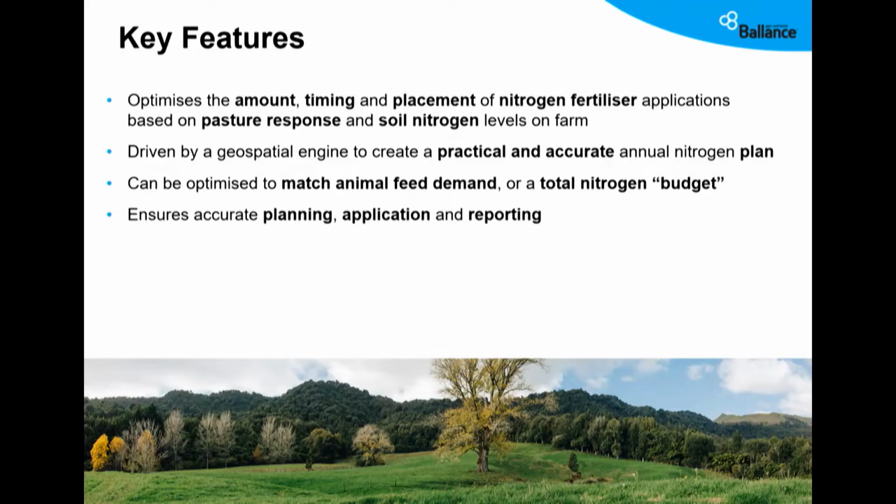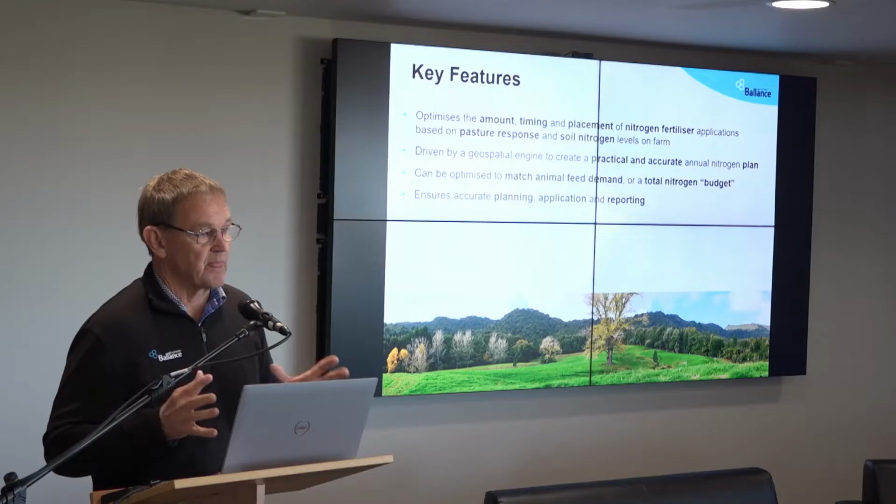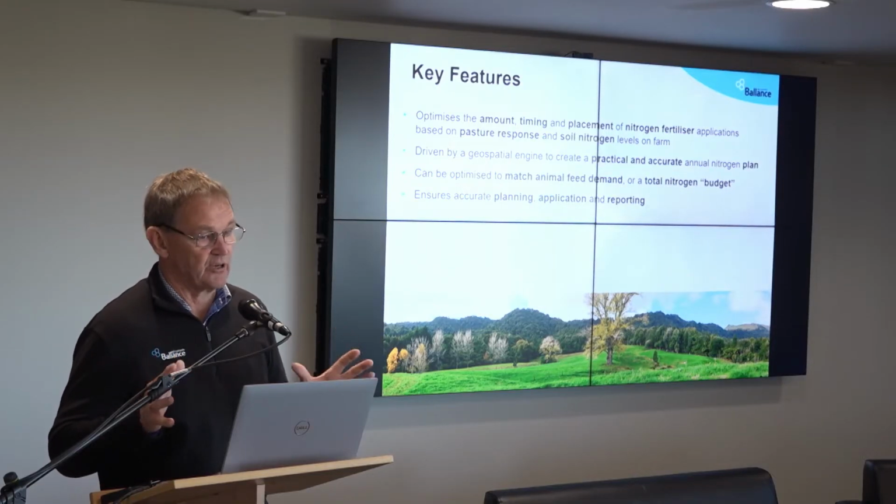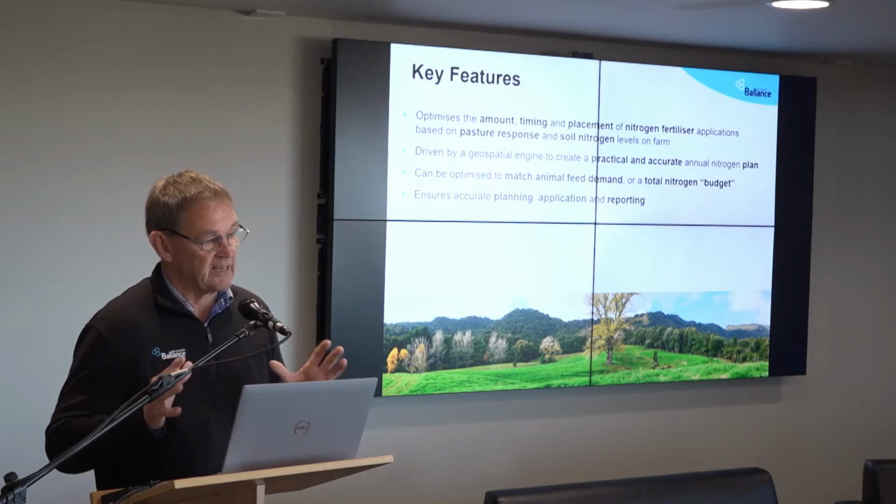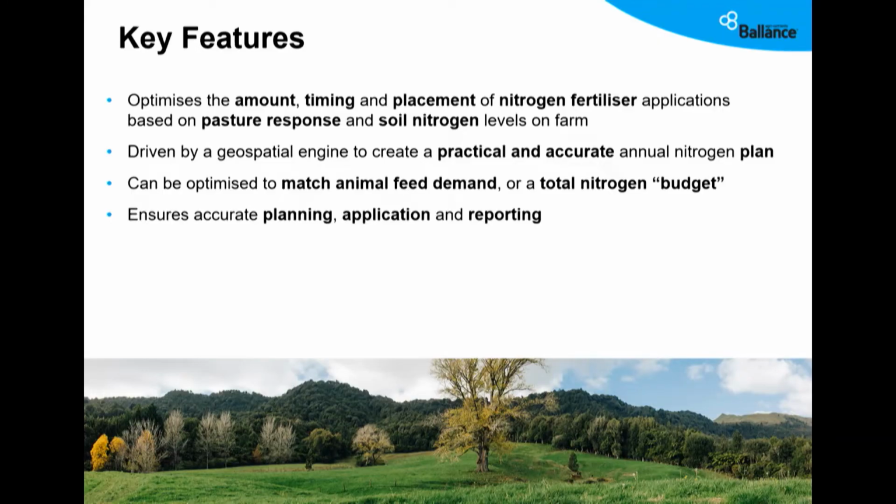And that then is used to develop that annual nitrogen plan. It can be run with two model options: to either optimise and match the animal feed demand where those deficits occur, or use a total nitrogen budget just to essentially get the model to say where to put nitrogen to grow as much pasture as you can, when and where. And it ensures better planning and application and reporting of that nitrogen use.